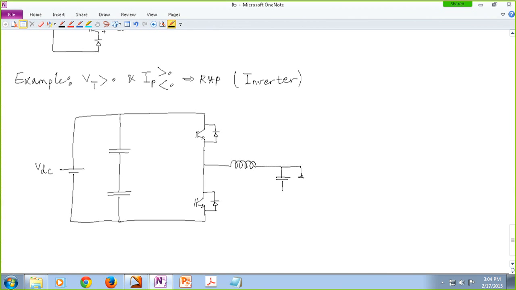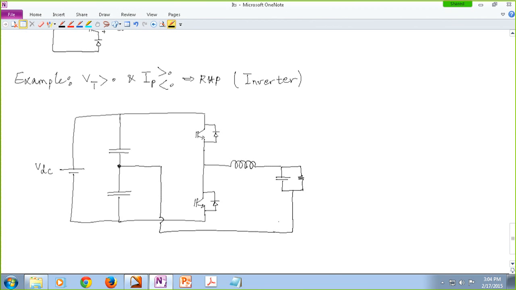Again, I'm drawing this capacitor, but you can argue that we may not need this capacitor. All right, so this is an inverter, like a half-bridge inverter.